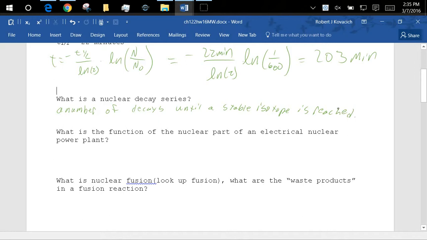So just have a number of nuclear decays, and then eventually I will find one that has the correct proton to neutron ratio.